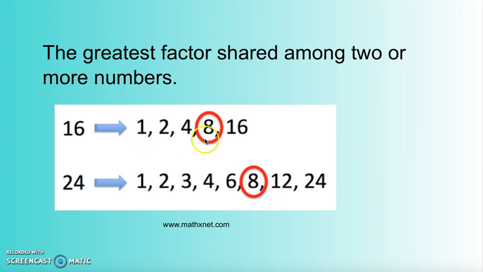So these are all the factors of 16, and then these are all the factors of 24. And the greatest factor they share, because if you notice, they share 1, 2, and they share 4. And then lastly, they share the number 8. And so because 8 is the largest number they share, or the greatest number they share, that is their greatest common factor.